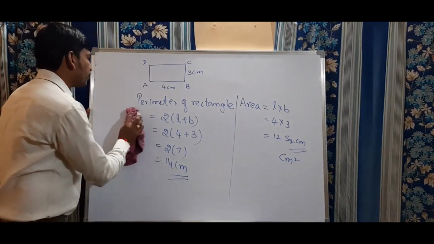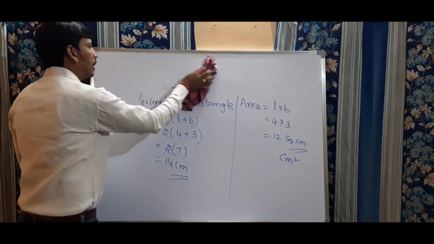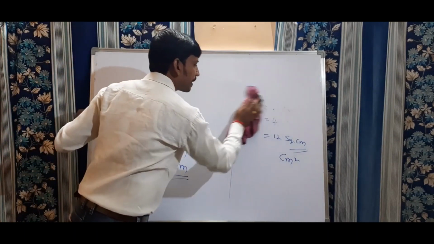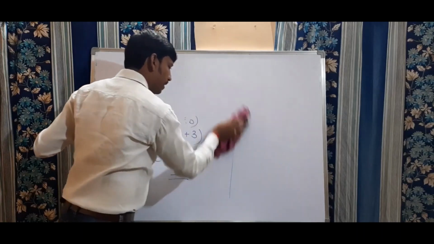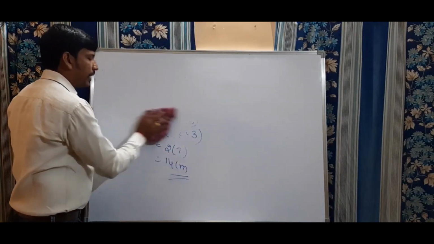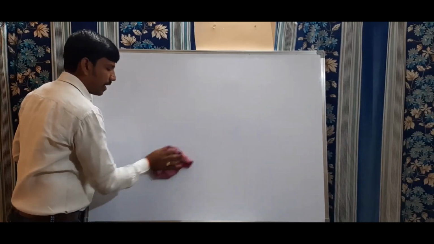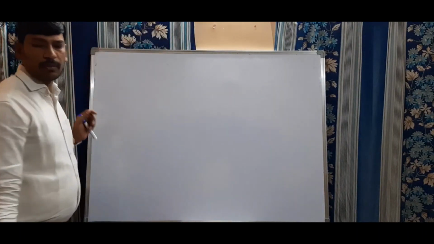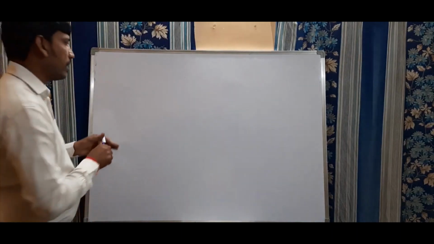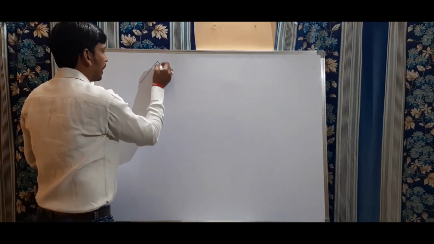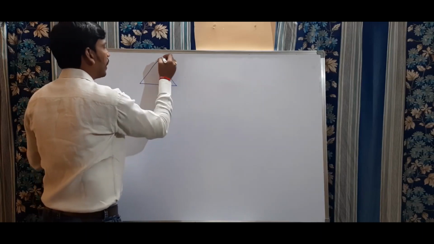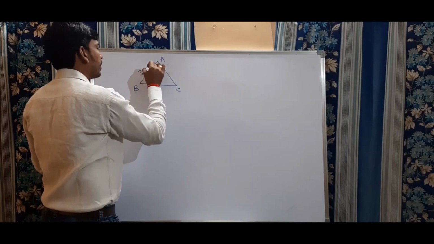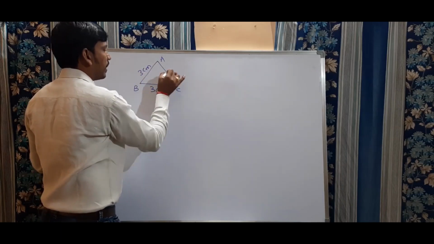Now coming to how to find the perimeter of a triangle. Let us take a small triangle. For rectangle or square we have some formula, but how to find the perimeter of a triangle? Suppose it is an equilateral triangle, we know the formula, that is 3 into a, right? Let us take a triangle ABC, in which all sides are equal, 3 centimeters, 3 centimeters and 3 centimeters.